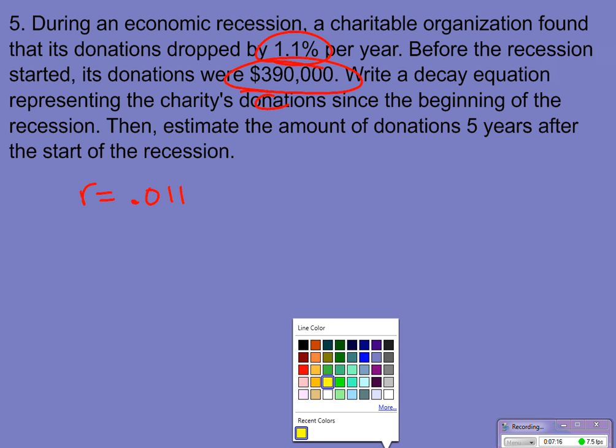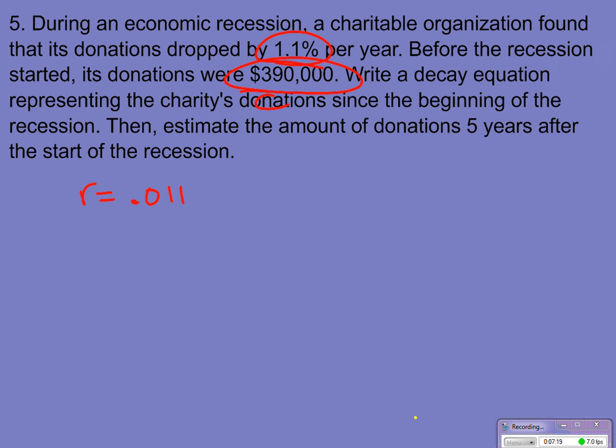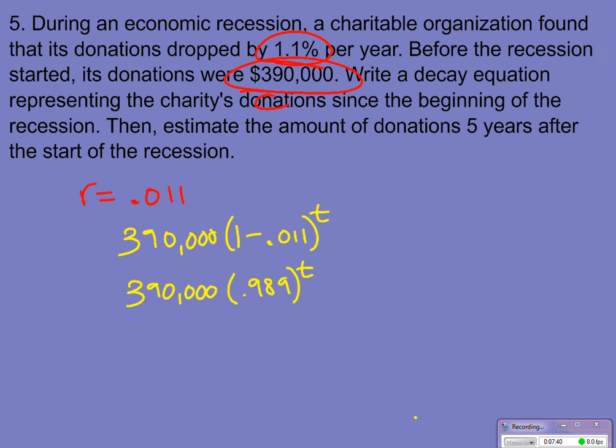Let's change colors. So this is going to be 390,000 times 1 minus 0.011 raised to the power of t. Now, t in this case is going to be 5. So I'm going to have 390,000 times 0.989 to a power of t, and t is going to equal 5.